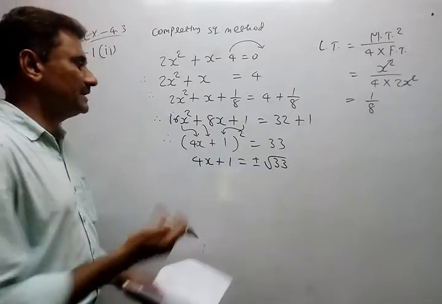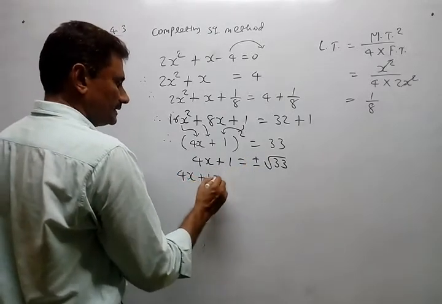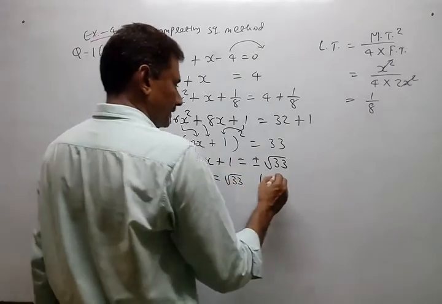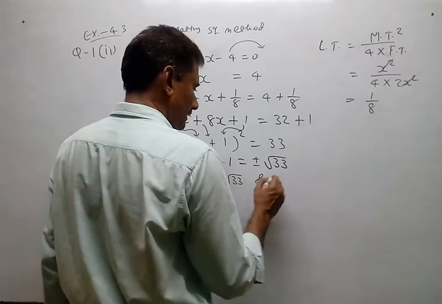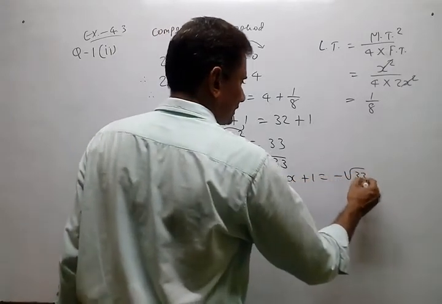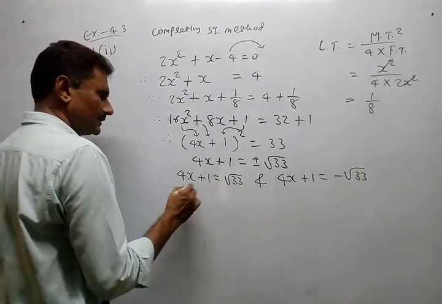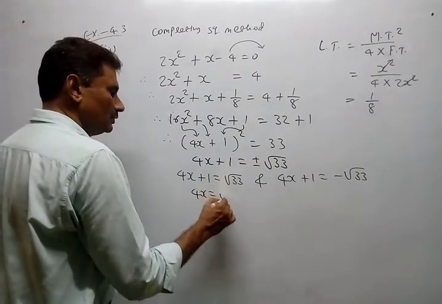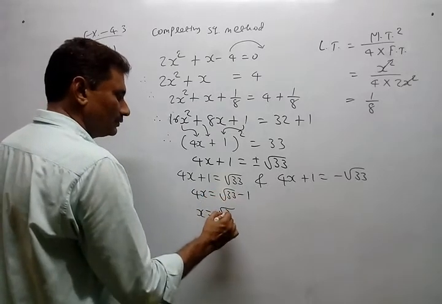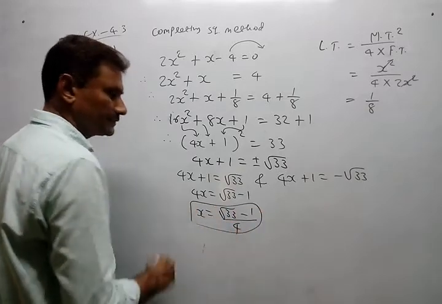Now basically there are two right sides, so write down two equations, one plus and one minus: 4x plus 1 equal to root 33, and 4x plus 1 equal to minus root 33. Now solve these. Nothing is new. 4x equal to root 33 minus 1, x equal to root 33 minus 1 upon 4. It is our first root.